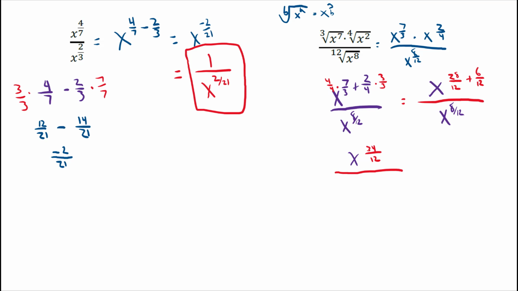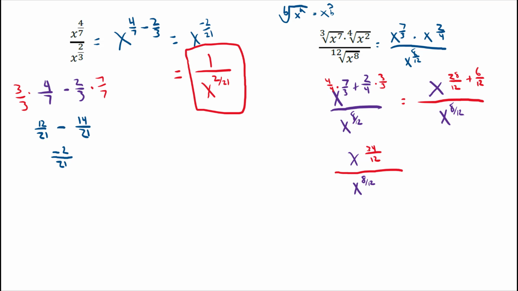On the bottom, we haven't done anything to this one, x to the 8/12. And now you can probably see why I didn't want to reduce these fractions, because in this process we're going to need to subtract these exponents. We're going to need common denominators, which in this case they already have. So let's do that.